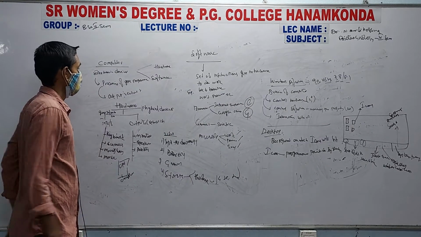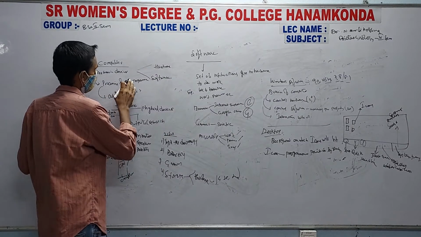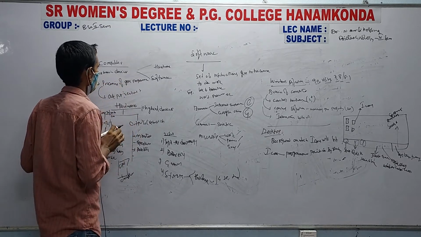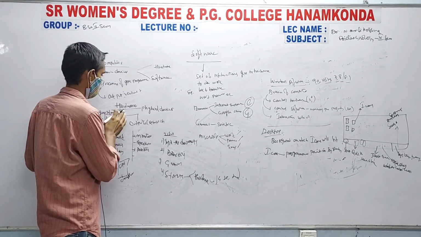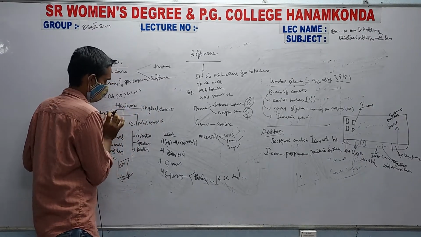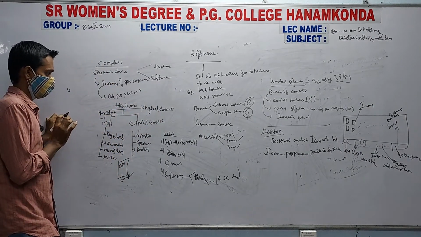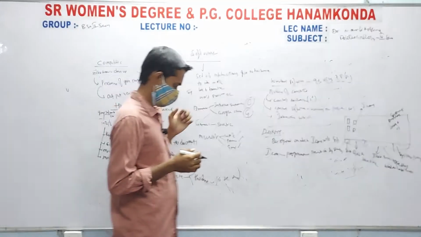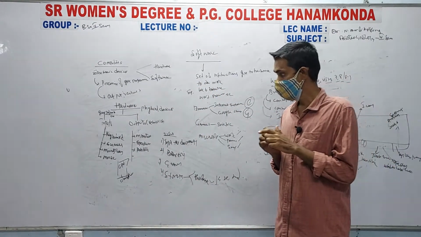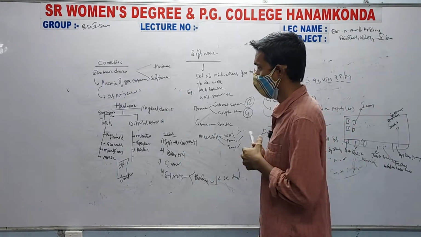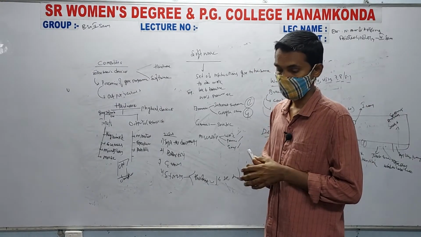So computers have two important structures, that is hardware and software. Hardware includes the physical devices which are connected, the physical devices of the computer. Which are of two types, input devices and output devices.